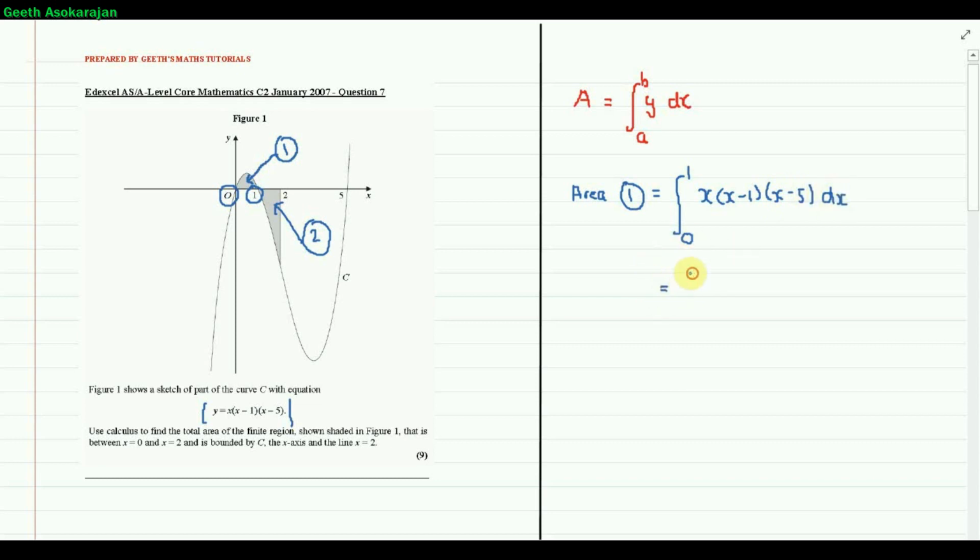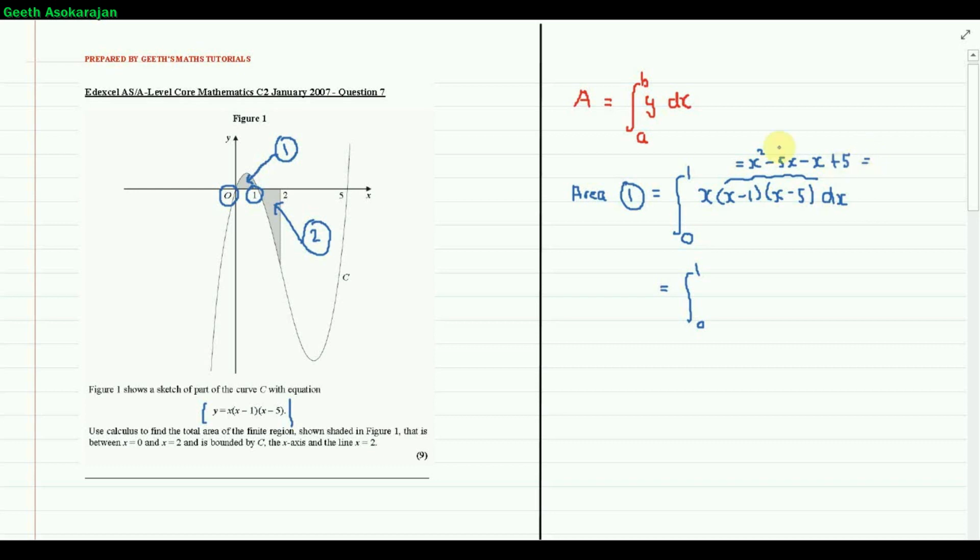Now, before I integrate, let's expand these brackets. If I multiply x minus 1 times x minus 5, x times x is x squared, x times minus 5 is minus 5x, minus 1 times x is minus 1x, minus 1 times minus 5 is plus 5.